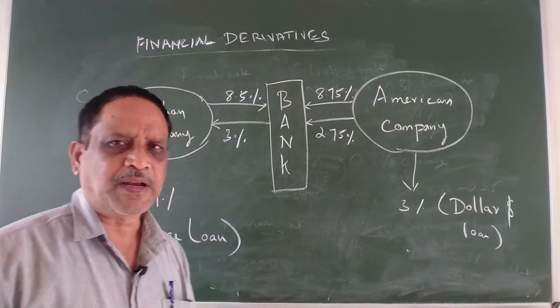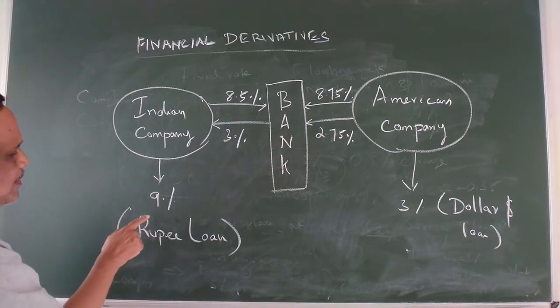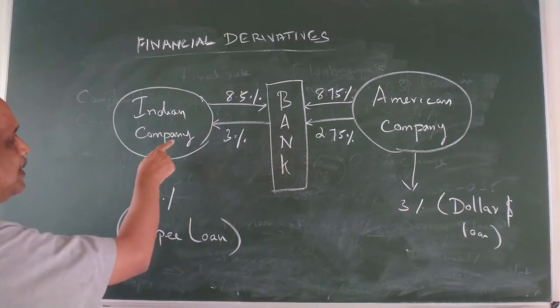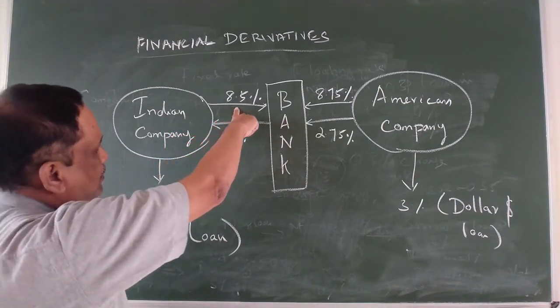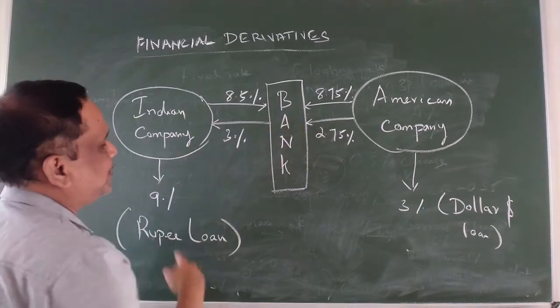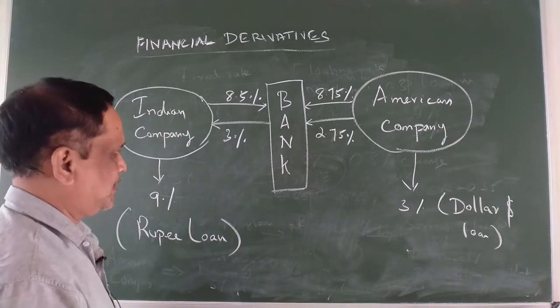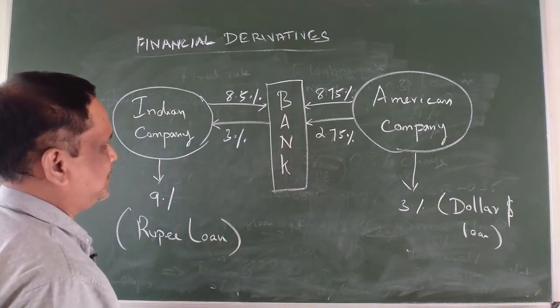So this is the diagrammatic representation. The Indian company is borrowing a rupee loan at 9 percentage, and it will give it to the bank at 8.5 percentage interest, thereby making a loss of 0.5 percentage.